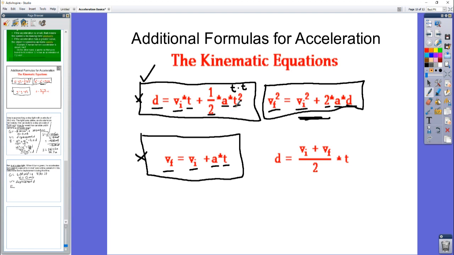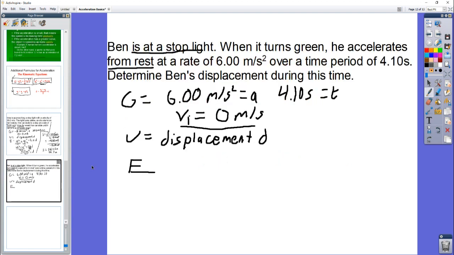We have time. We have initial velocity. Can't use this one, unfortunately. I mean, if we were looking for final velocity, we could, but we're looking for displacement. There's no displacement here. Can't use this guy over here because there's no time, and we don't have a final velocity. So, going to go with the first one.